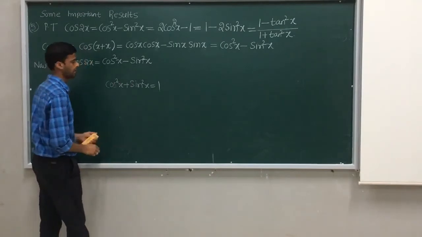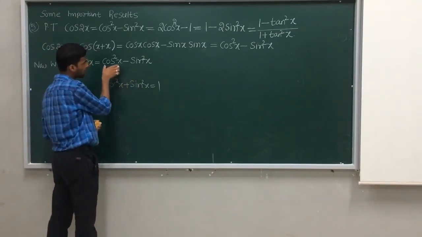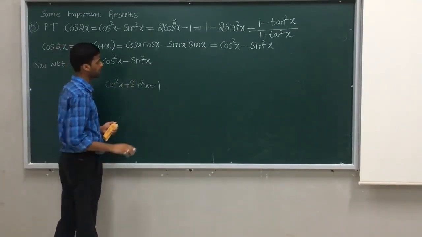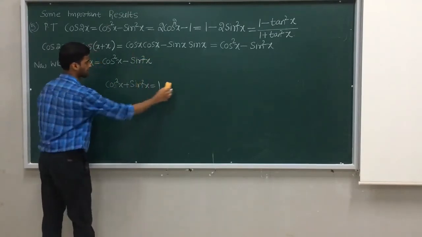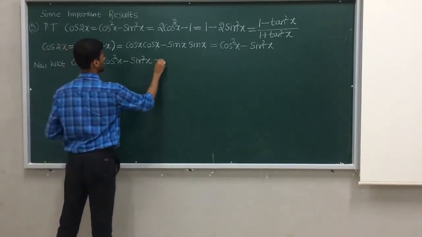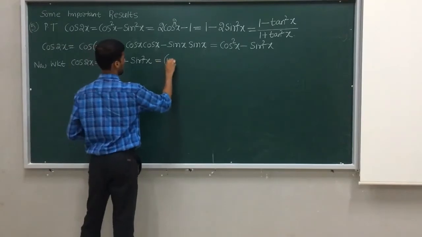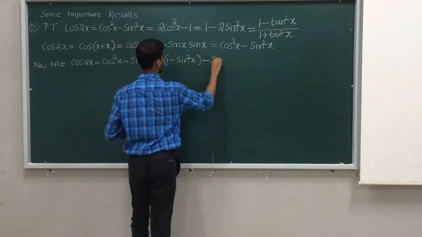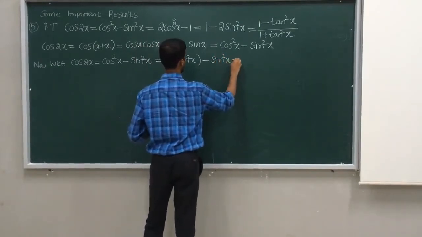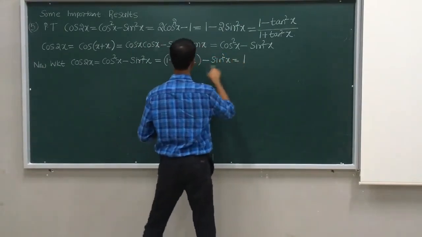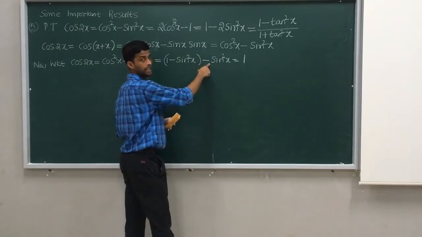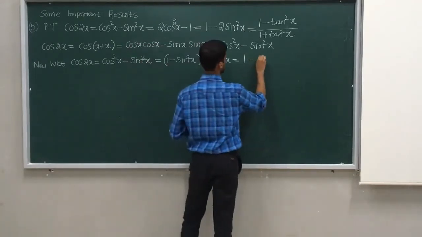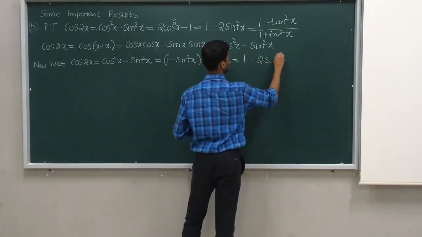It's your wish. I will replace cos square x by 1 minus sin square x. It is 1 minus sin square x minus sin square x. It is repeated 2 times, so 1 minus 2 sin square x.